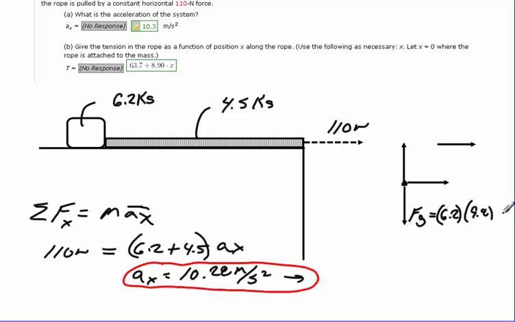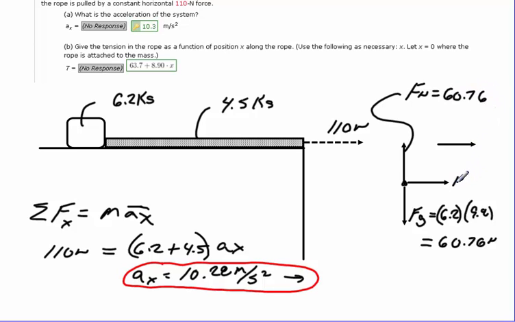Now this isn't really necessary because we don't have friction here, but I like to keep practicing determining what the normal force is going to be. So that'll be 60.76. My normal here equals 60.76.